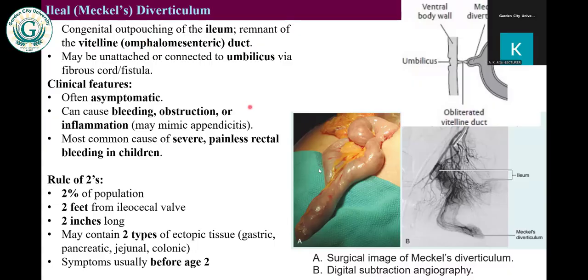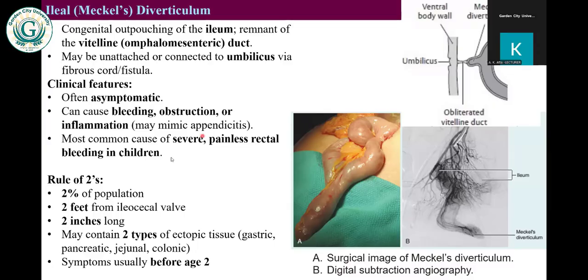The problem with this one is that it can cause bleeding or there can be obstruction, and that can mimic appendicitis. It's the most common cause of severe painless rectal bleeding in children.